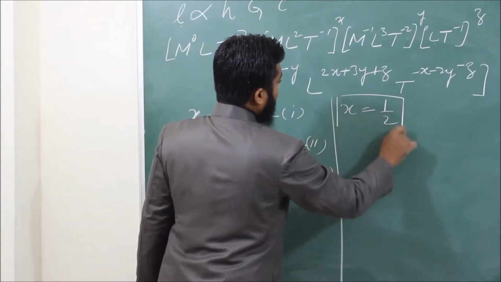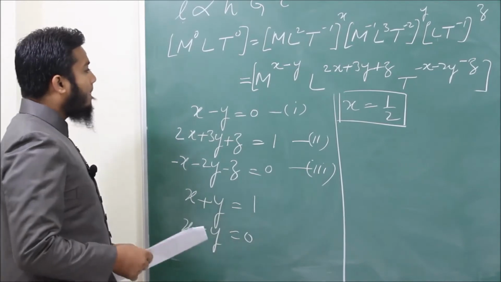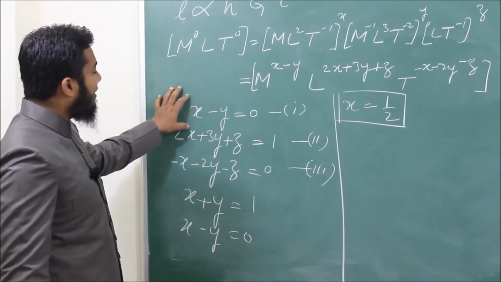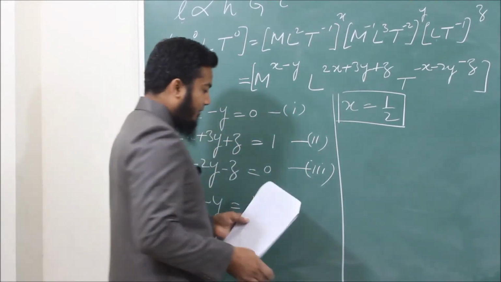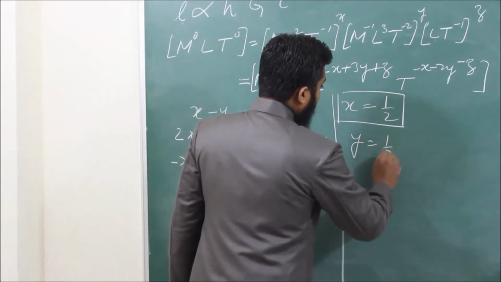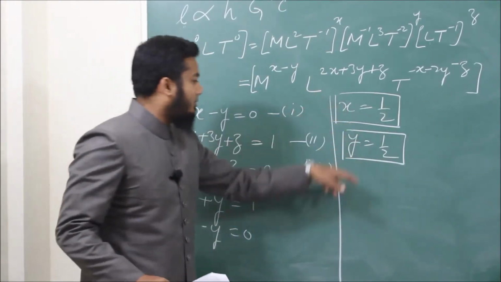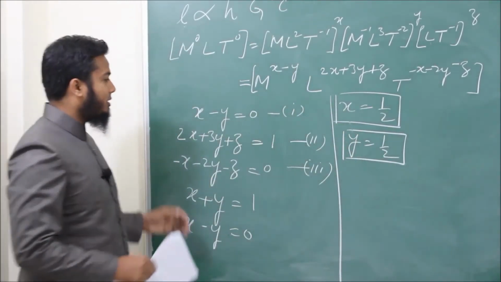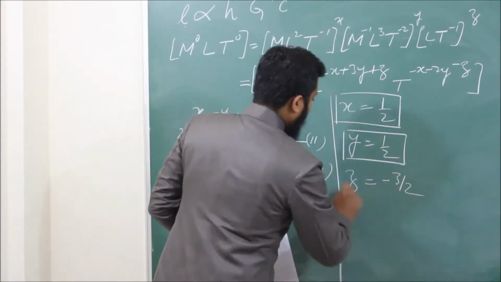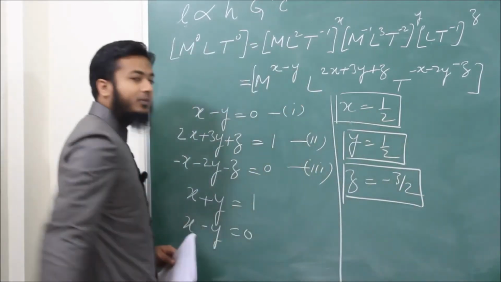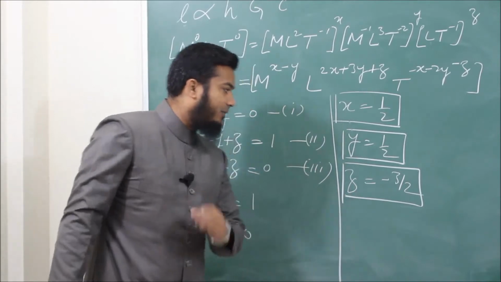The value of X is half. Then put the value of X here. You can see from this equation X will be equal to Y, so Y is also half. Y is plus half. And then put these values in either of these two equations and you will get the value of Z, which comes out to be now minus 3 by 2. Z is minus 3 by 2. X is plus half, Y is plus half, and Z is minus 3 by 2.